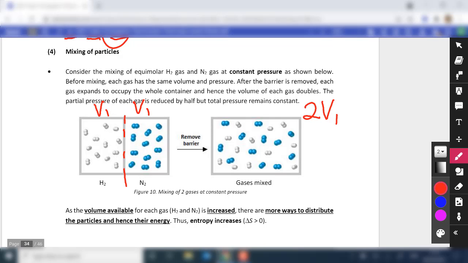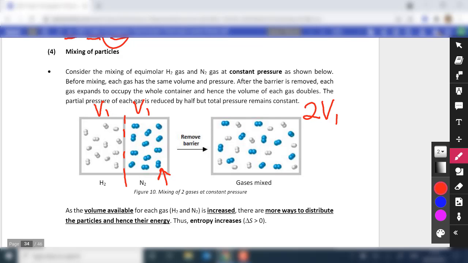What do we really mean by more ways to distribute the particles and the energy? If you take a look at each of the nitrogen molecules, it has a greater degree of freedom, because instead of a volume of V1, now it has two V1 to maneuver about.